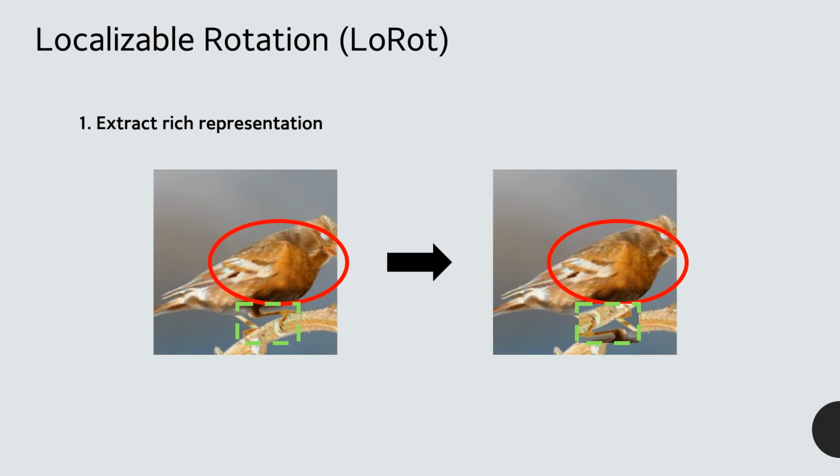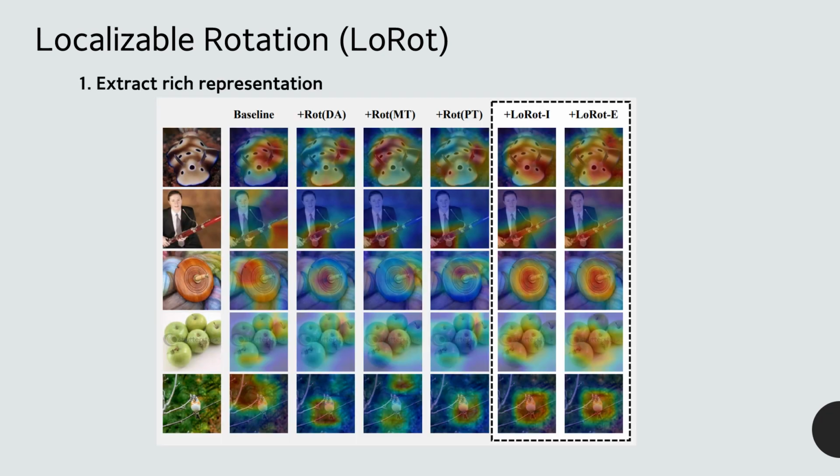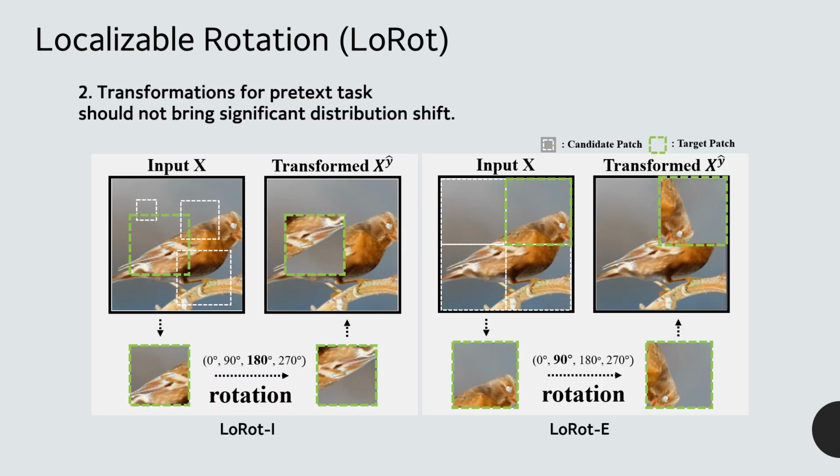Then, to solve LoRot, the model gets to focus on the feet. This way, LoRot can guide the model to learn more features about the object. Here's our visualization. Compared to the baselines, we observe that the model trained with LoRot focuses more thoroughly on the object.